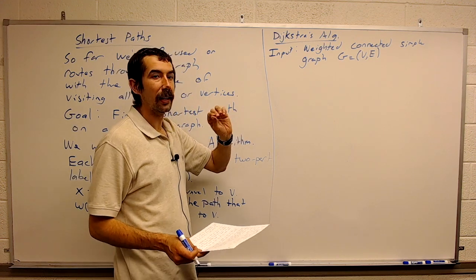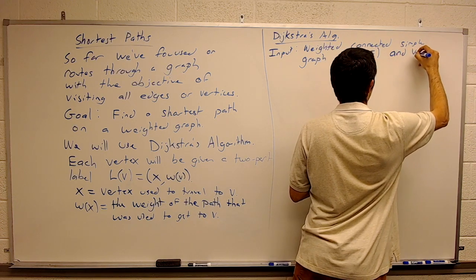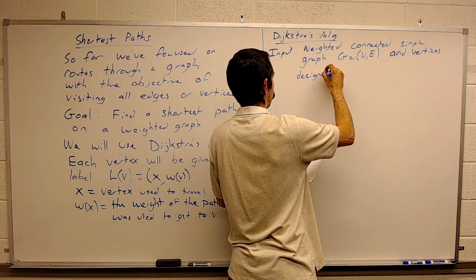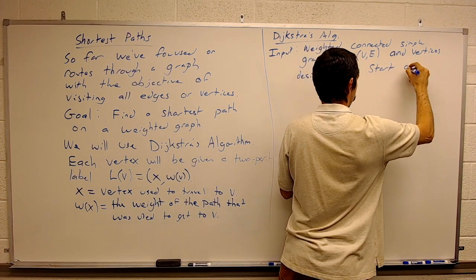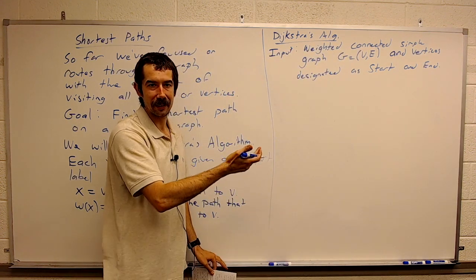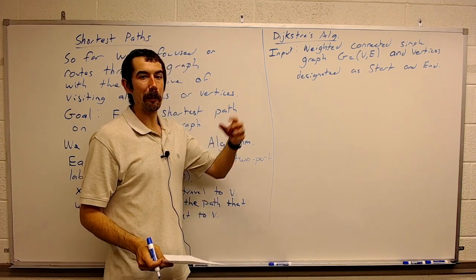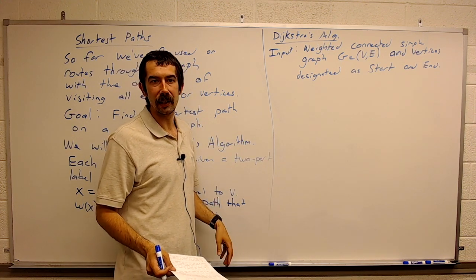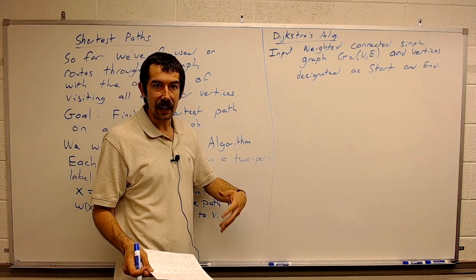And we also need some additional information. We need to know where we're starting and where we're going. Okay, so wherever we're starting, that's our start vertex. And wherever we'd like to end up, that's our end vertex. Okay, so suppose you live in Washington, D.C., and you want to drive to New York City, put it in your GPS. Start would be D.C., end would be New York City.